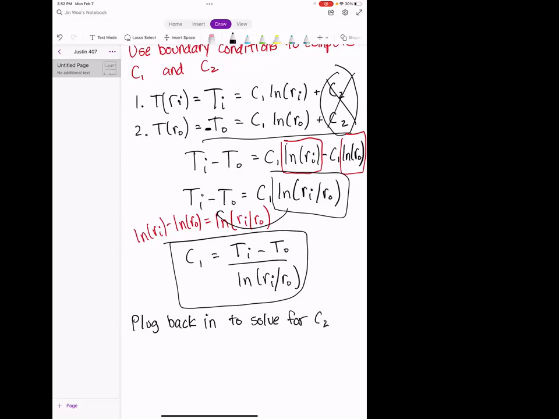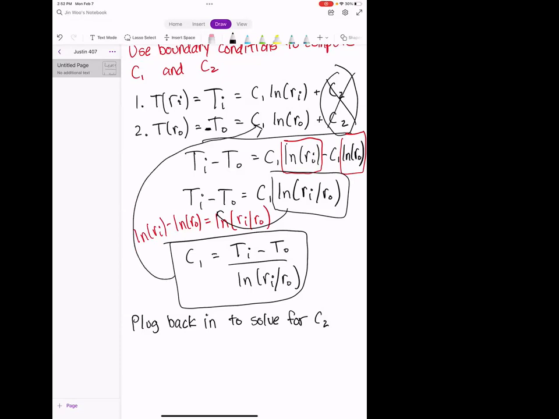You can plug this back into either of the equations. It doesn't matter, they both work. But for my case, I'm going to plug it back into the second equation. I'm going to take the C1 and plug it in right there.